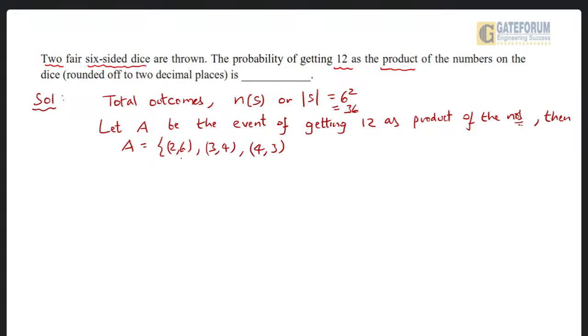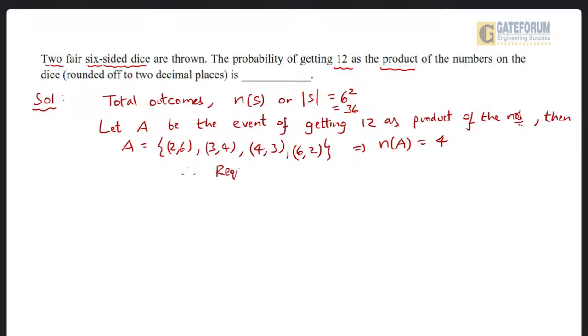That means 2, 6: the number on the first die is 2, the number on the second die is 6. And 4, 3: the number on the first die is 4, the number on the second die is 3, like that. So 6, 2, and no other outcomes, only 4 favorable outcomes, which implies n of A, the number of elements in A, or the number of favorable outcomes in the event A, is 4.